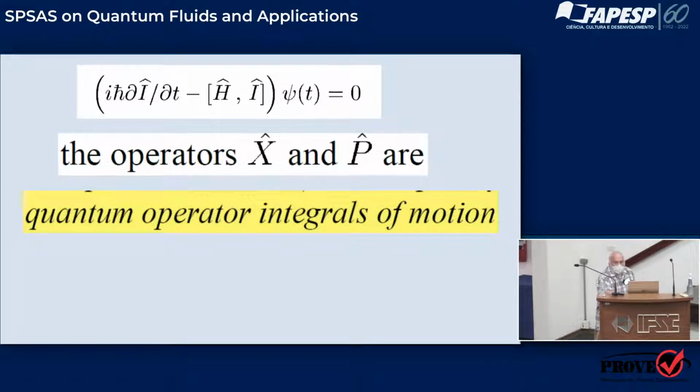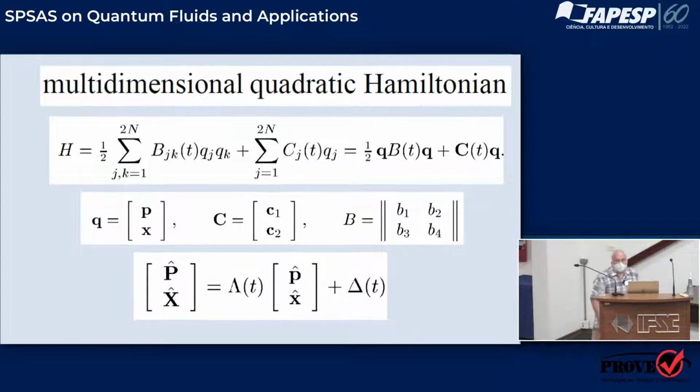But for many systems, when they are described by quadratic Hamiltonians, free particle, oscillator, particle in a magnetic field, chains of oscillators, the Hamiltonian is quadratic. Then equations of motion are linear. Therefore, we can see immediately that these integrals, big letters P and X, are related to small letters by means of some matrix lambda, depending on time.